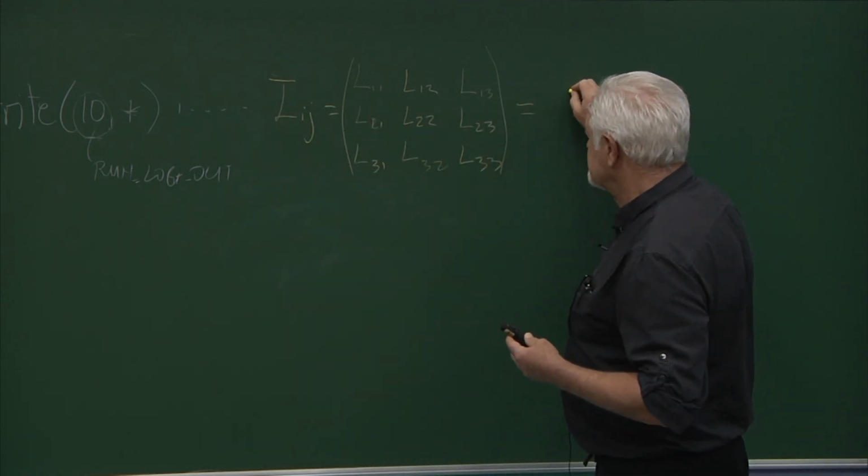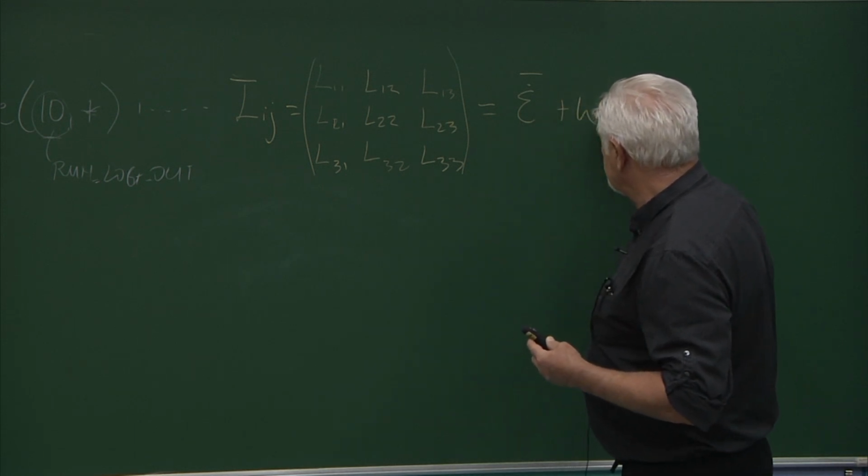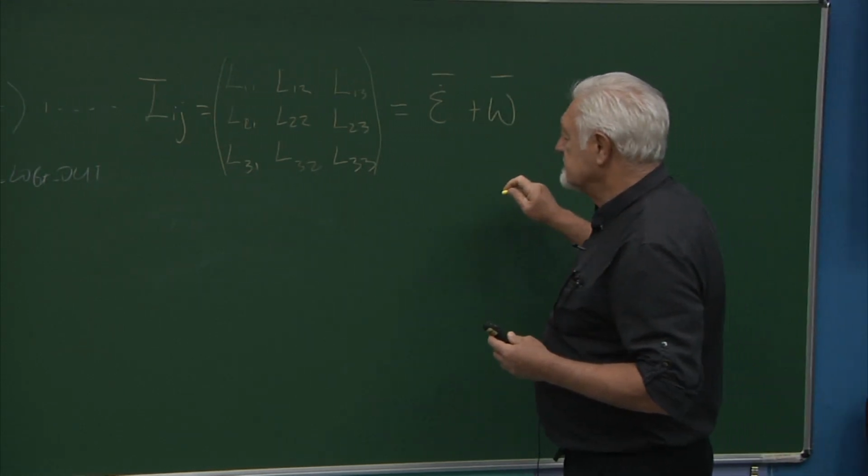We said that there is an epsilon dot average plus an omega average.